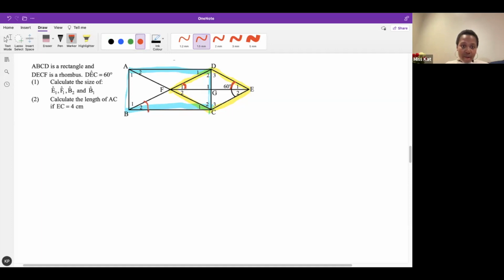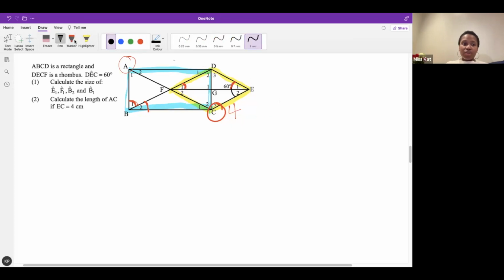B2 and B1. Okay, and then we must calculate the length of AC if EC, where's EC? EC is 4. So we want to know the length of this whole diagonal from there to there. Okay, I think this is doable. I already have some ideas, but I want to hear from you guys. What do you think? Let's start with the angles.